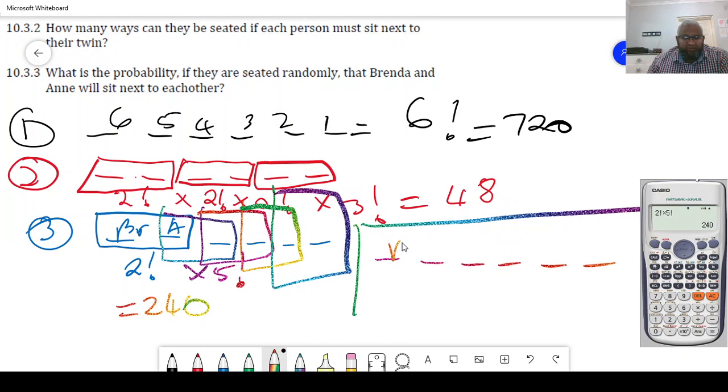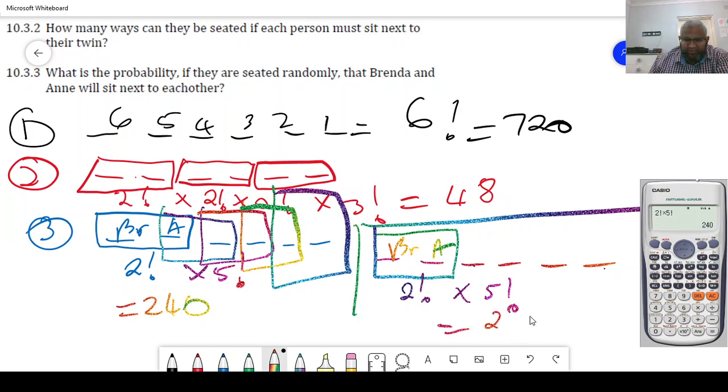Brenda and Anne have to sit together, so what I do is I bind them. How many ways can they sit? 2 factorial ways. Now this becomes as one unit, so it's 1, 2, 3, 4, 5. So I times it by 5 factorial, which gives me 240. I hope that makes sense. It's really simple.